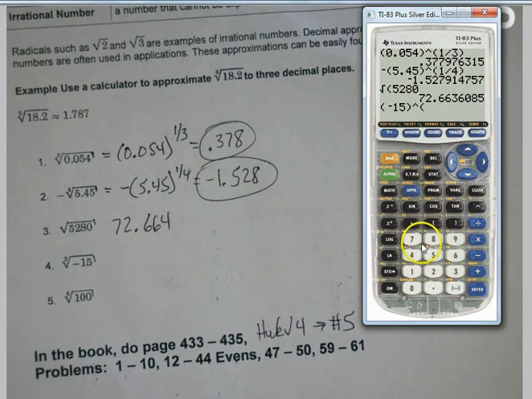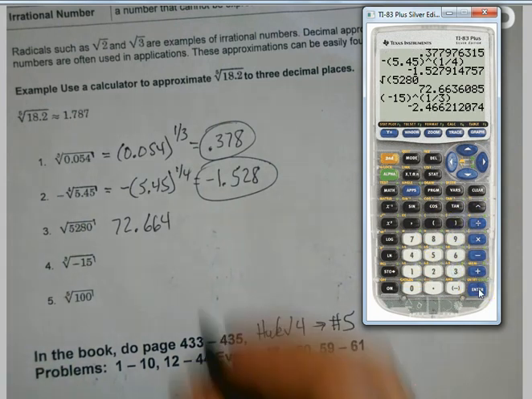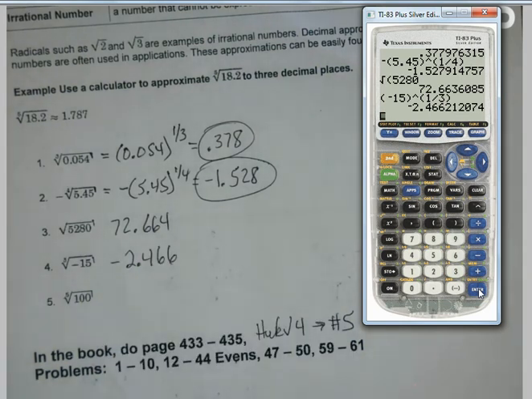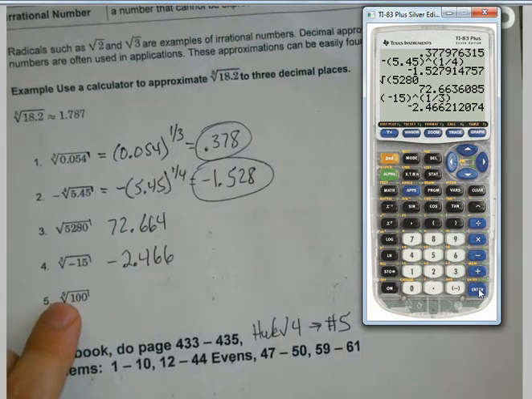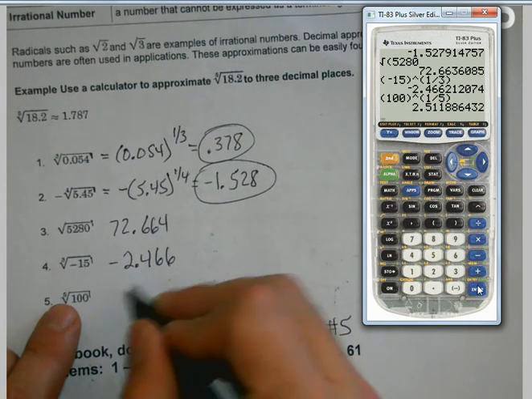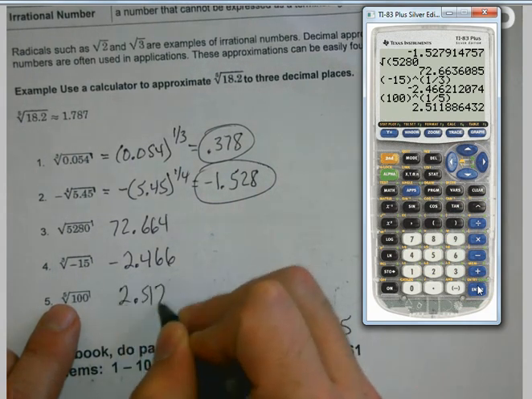We're doing the 1/3. And again, just keep looking at your index. 100. Index is 5, so we're to the 1/5. 2.512.